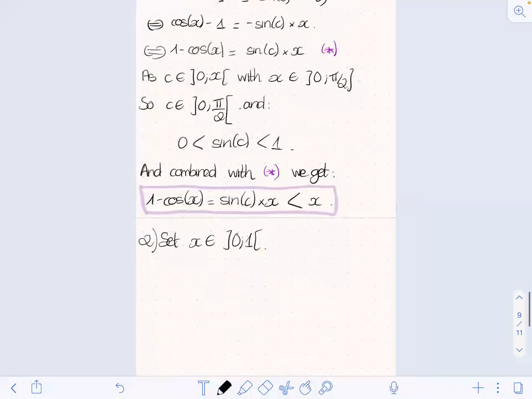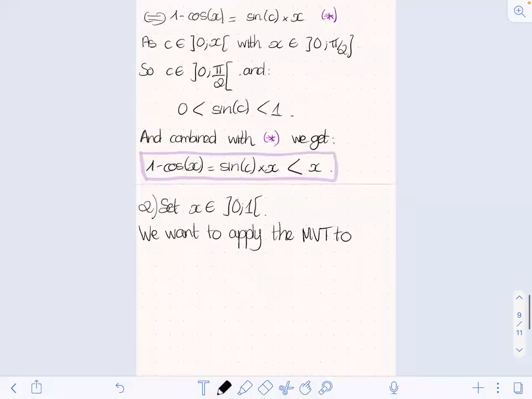So we're going to try and apply the mean value theorem to t maps to logarithm of 1 plus t divided by 1 minus t for t on 0x.